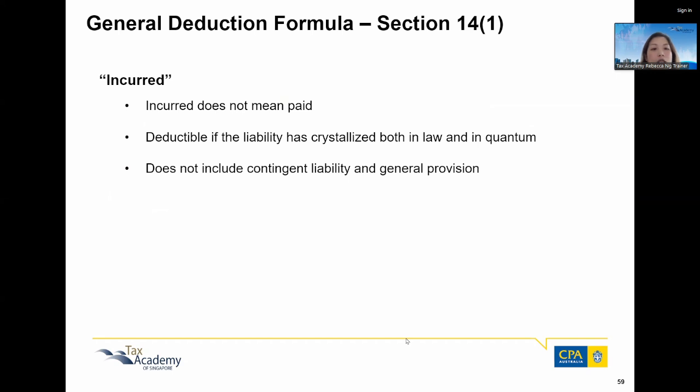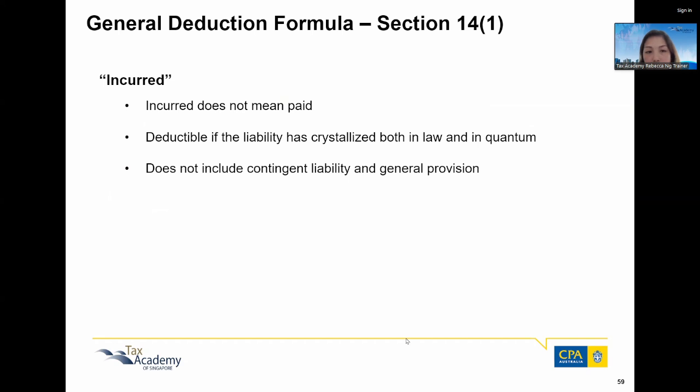It doesn't include any contingent liability or general provision, because general provisions are expenses that have not really been incurred, and a contingent liability is a liability that is in contingency and not really a liability at that point in time.